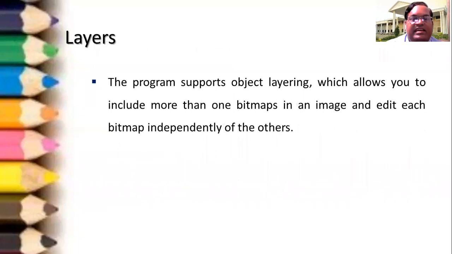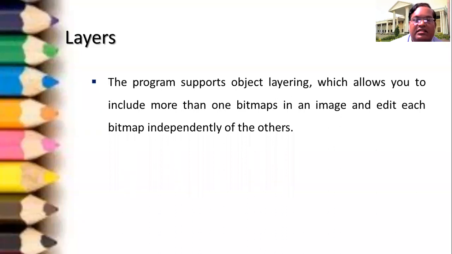And next is layers. Graphics programs support object layering, where one picture can be combined with many objects. Means you can combine more than one image into one image and make one effective, realistic graphic.